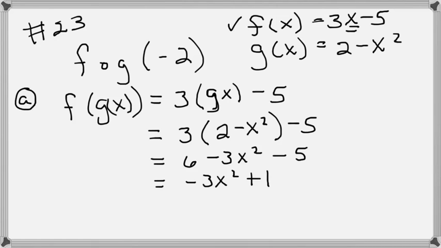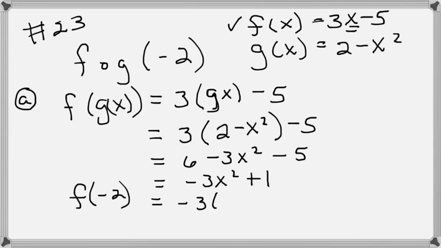Now, since we know this, we can now evaluate it when x is negative 2. So this is a new substitution, but we're going to keep the same f function, which is multiply by 3, subtract 5.